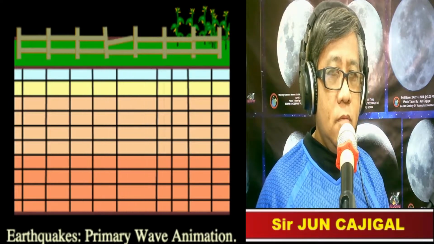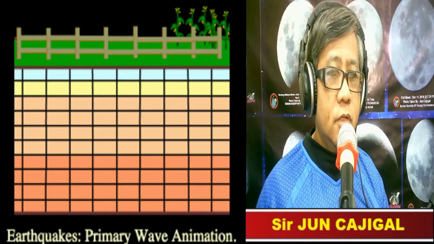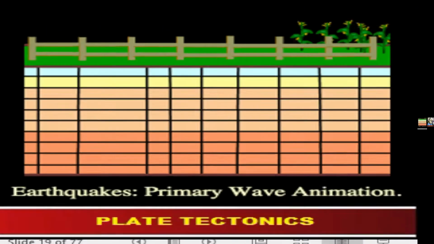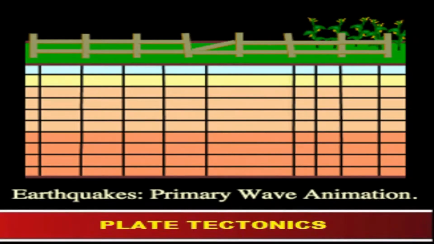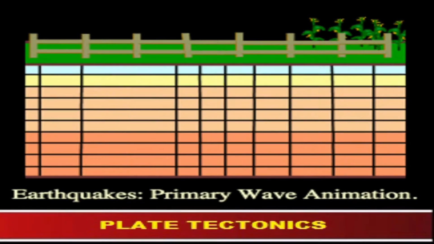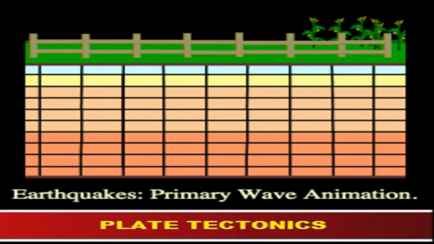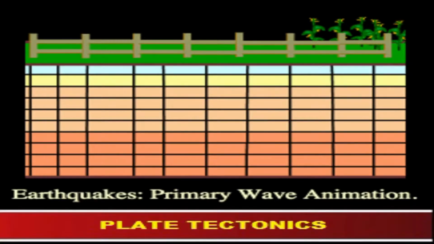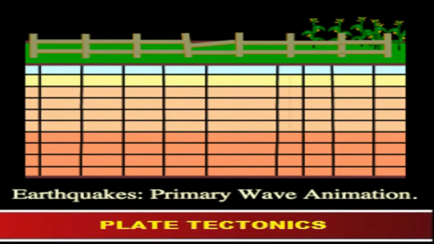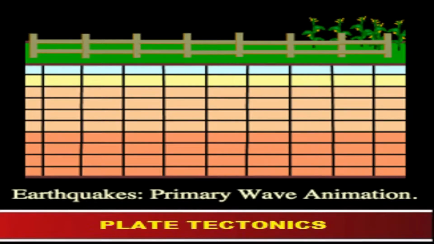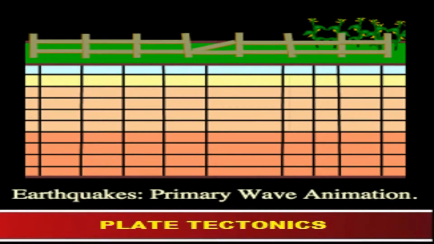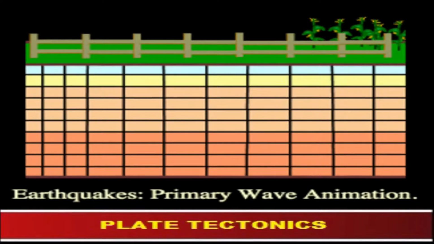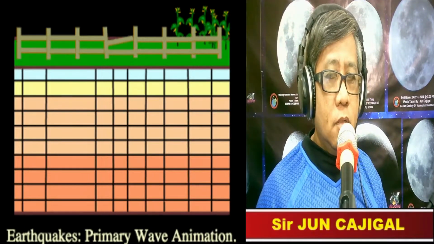The P wave is also known as a compressional wave. As you could see in this illustration, as the P wave moves through rocks, there is a pulling and pushing motion of the rock particles.